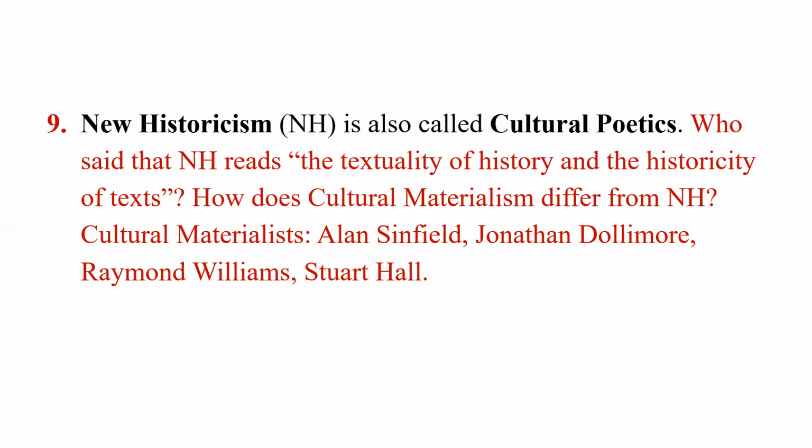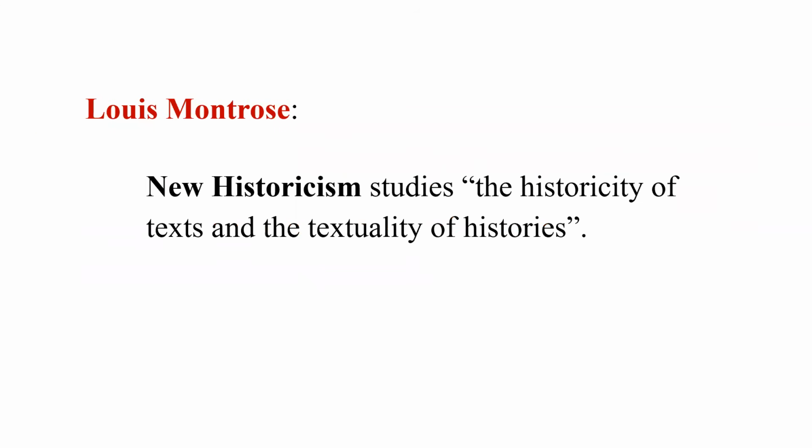Okay. So then next question, how does cultural materialism differ from new historicism? Then I also introduced some cultural materialists: Alan Sinfield, Jonathan Dollimore, Raymond Williams, and Stuart Hall. So now let's check out certain things. Of course, the answer, Louis Montrose. He said, new historicism studies the historicity of text and the textuality of histories.